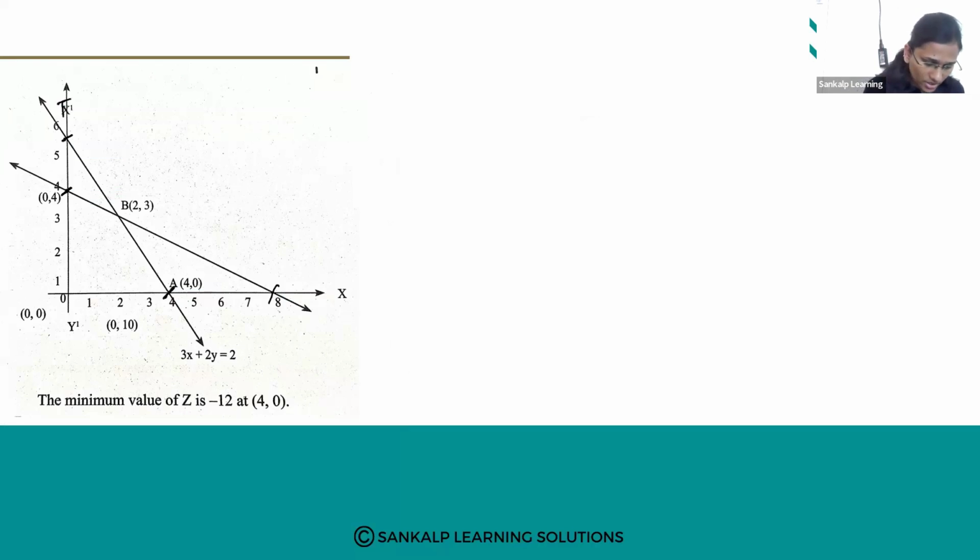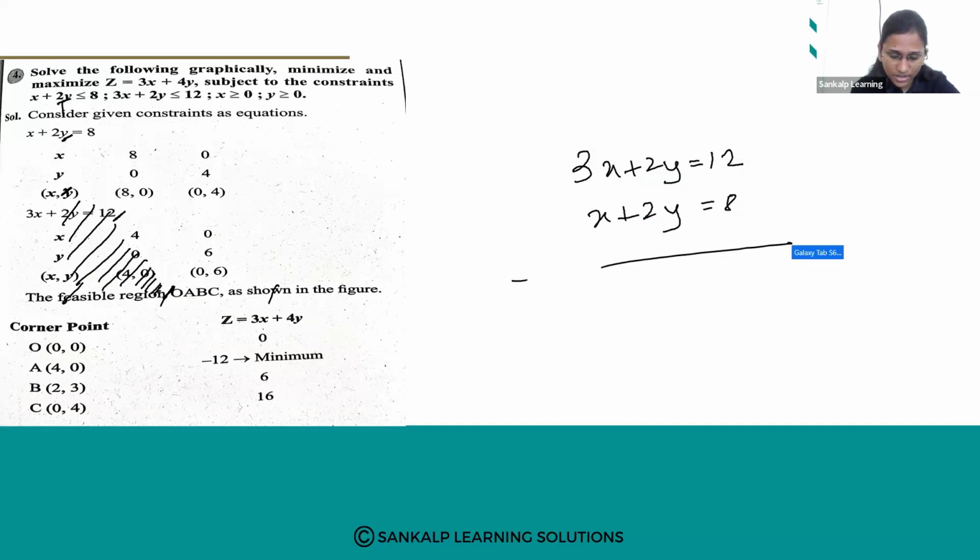Both were towards the origin, so this will be the solution region. Then what are the corner points? One is 0,0, 0,4, 4,0, and this is the intersection of both the lines. Correct? So the intersection of both the lines. Which lines are those? One is 3x plus 2y equals to 12 and x plus 2y equals to 8. Correct? So if we solve, what do we get?